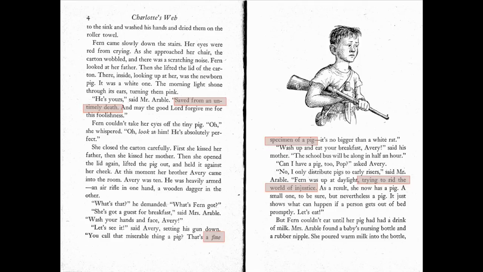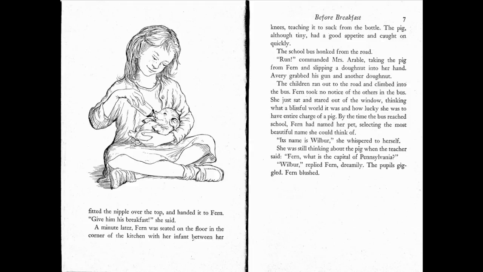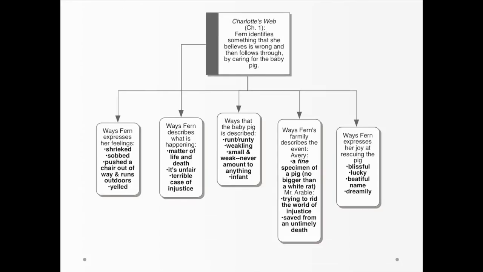And then we move on to see how happy Fern is that she has been able to be successful with this. She's blissful, she's lucky, she comes up with a beautiful name, and then she's acting dreamily. What we're wanting to do is, rather than a small number of words, what we're doing, as this graph shows, is we're teaching underlying concepts.